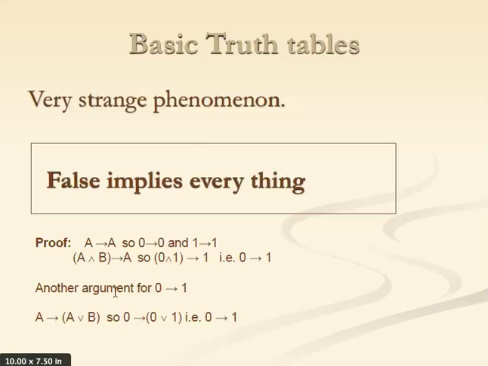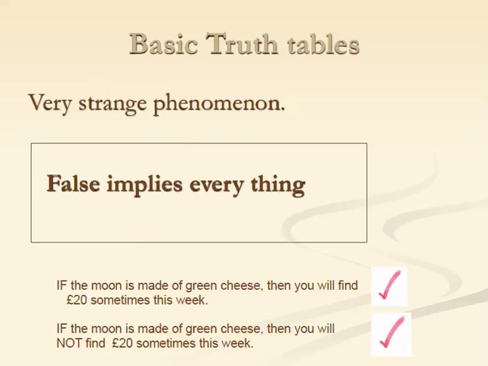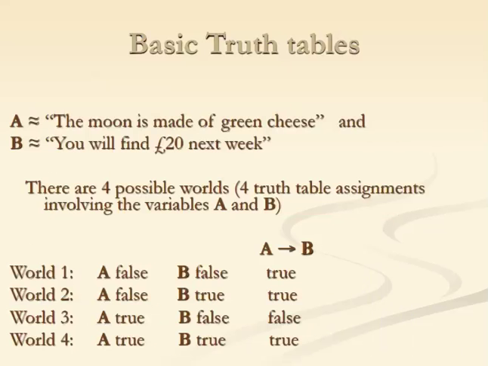Now there's another way you can prove it. You can probably make up even more proofs if you want. But another argument for false implies true, you could see we have written down here. If you look at the example with the moon is made of green cheese and you will find 20 pounds next week, then basically there are 4 different worlds we can look at.